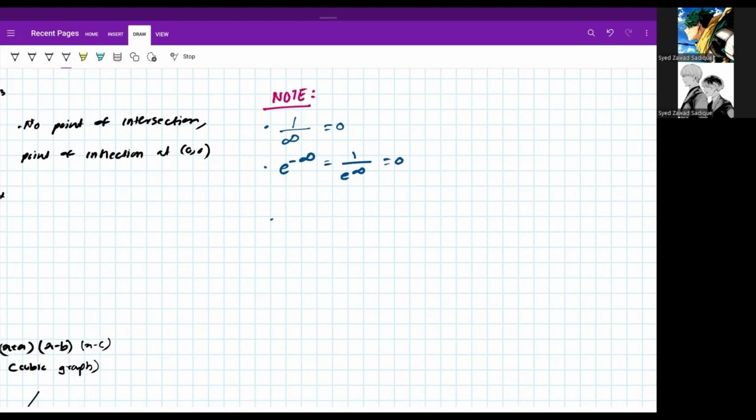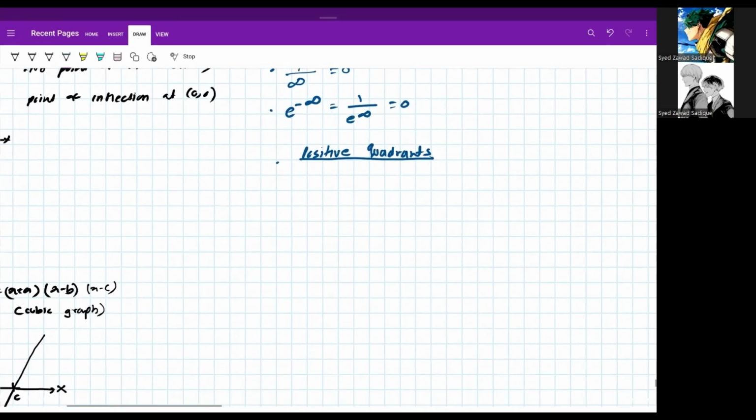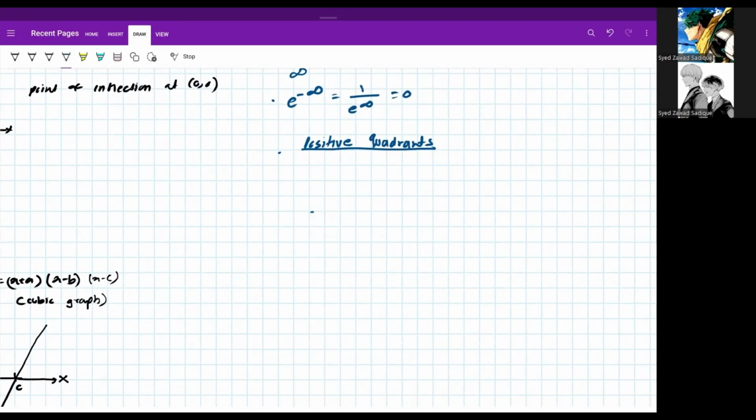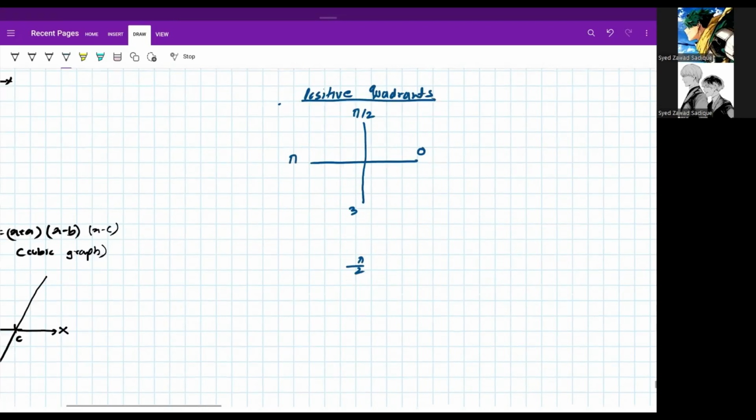Then, when thinking of quadrants, let's say positive quadrants, many students face difficulty. So this is the positive quadrant. At the top, 0, pi by 2, pi, 3 pi by 2, and 2 pi. Okay?